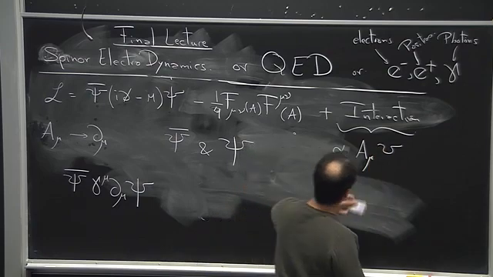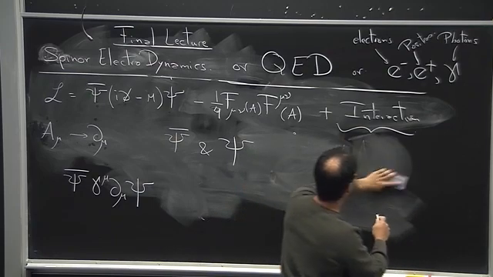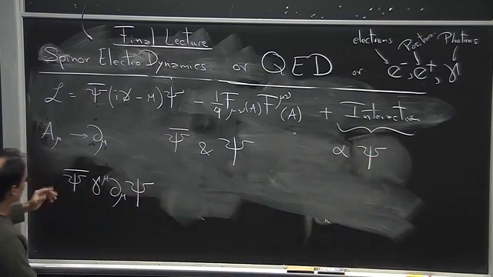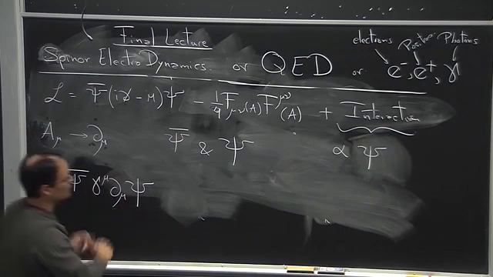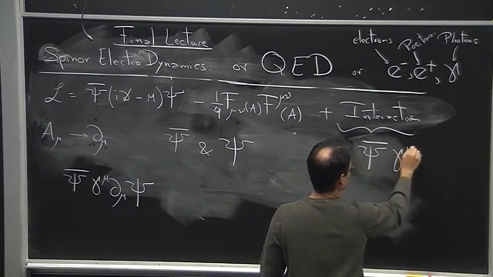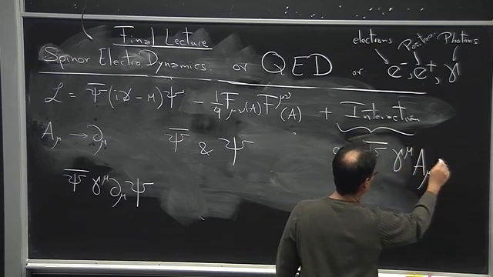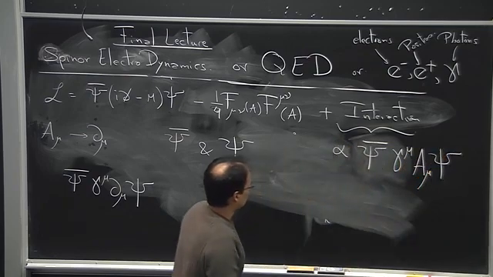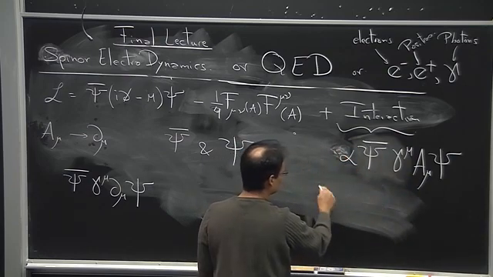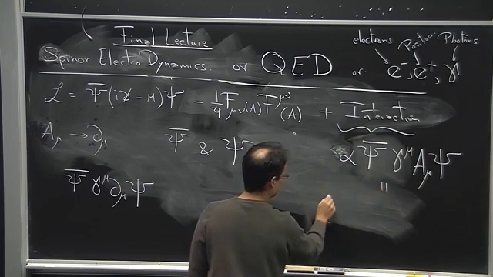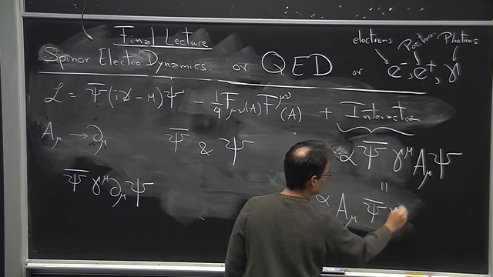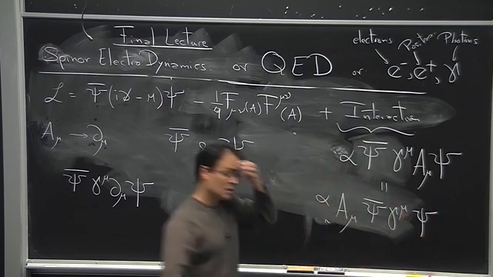Let's even put it where it goes. Well, it doesn't matter because you guys know that the A mu is not a matrix, so it can go anywhere in the formula. So maybe I can write it in several ways. So I hope you realize that this thing is the same as this, right?